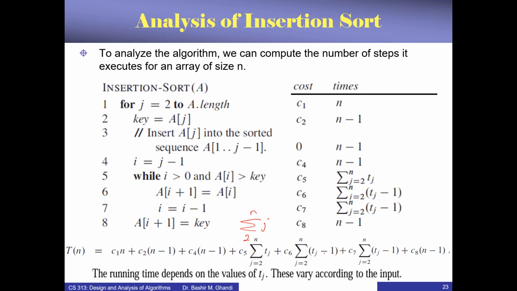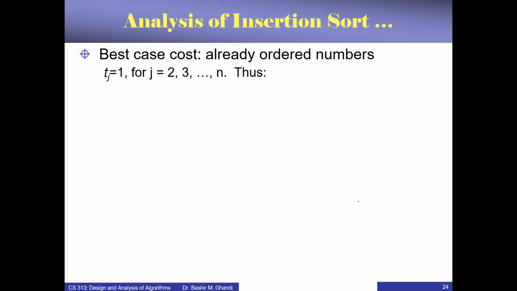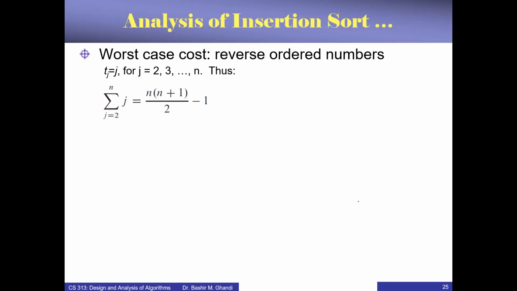Whereas this one becomes summation of j minus 1 for j from 2 to n, like that. This is in the worst case scenario. Okay, so this is what I'm trying to show you, the simplification. Now, summation of j from 2 to n is actually n into n plus 1 over 2.